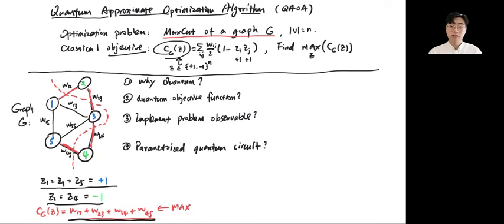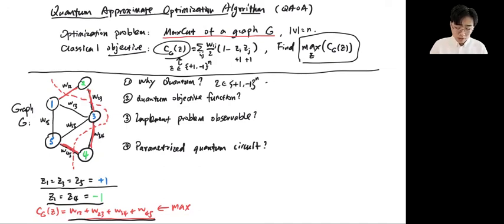Now let's answer the sequence of questions that can lead to a hybrid algorithm for this particular problem. First, why do we want to use a quantum algorithm? Well, in order to find the parameter z that maximizes the objective function, you can see that there are too many choices of z to consider. In particular, there are 2 to the n possible choices for the input z.